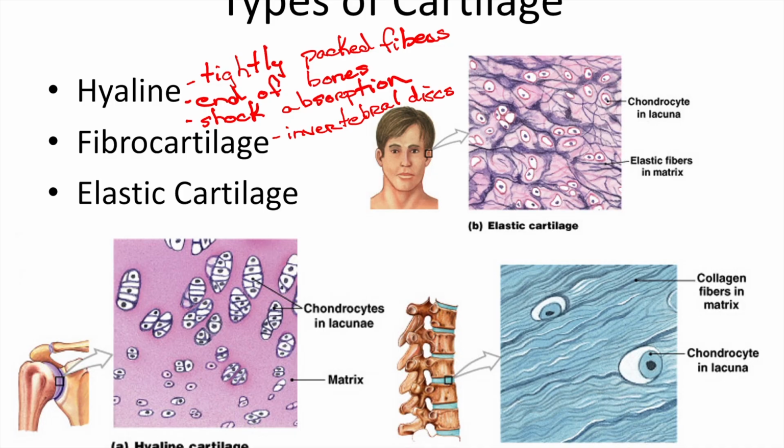And then elastic cartilage, you're going to see thin elastic fibers in the matrix along with the chondrocytes and the lacunae. This is found in the external ear and the epiglottis.